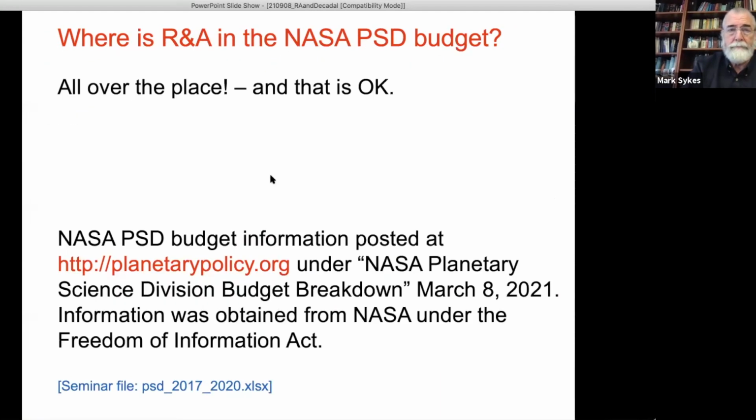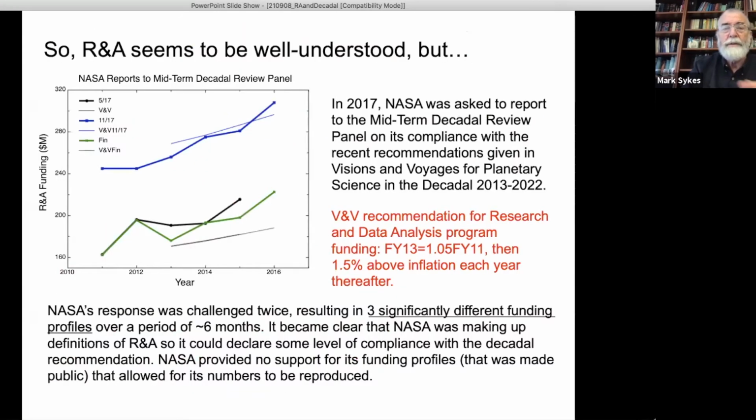Oh, the 3 different curves, those were from the presentations given at the midterm Decadal review. The numbers given there, I plotted them up here, and I separately calculated the thin lines. I'll be posting this presentation so you can look at it. This information is also on the planetarypolicy.org site.